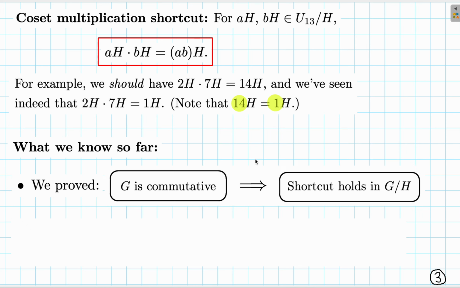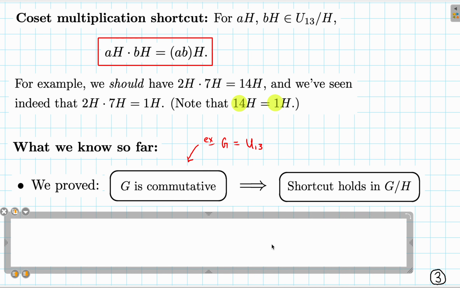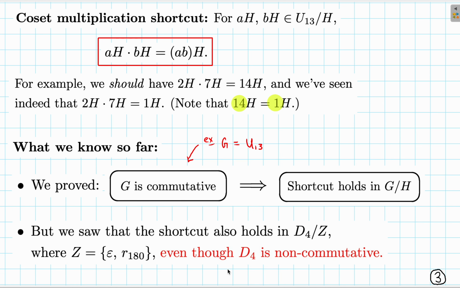In our last lesson, we proved that if a group G is commutative, so for example, if G were equal to U13, then the coset multiplication shortcut holds in G mod H. But we've also seen that the shortcut holds in D4 mod Z, where Z is the center of D4 containing the identity element and R180, even though D4 is a non-commutative group.